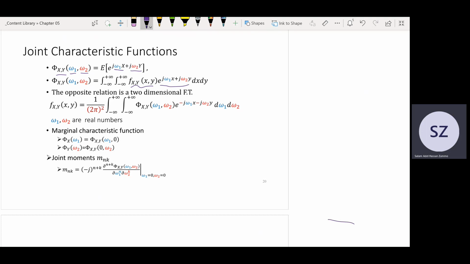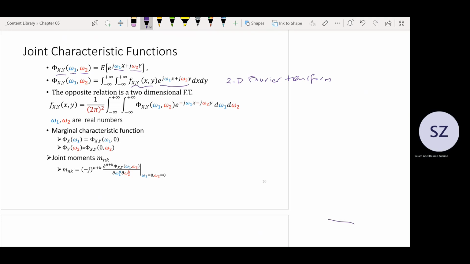This we call the two-dimensional Fourier transform. Basically, you are doing a Fourier transform for two variables.